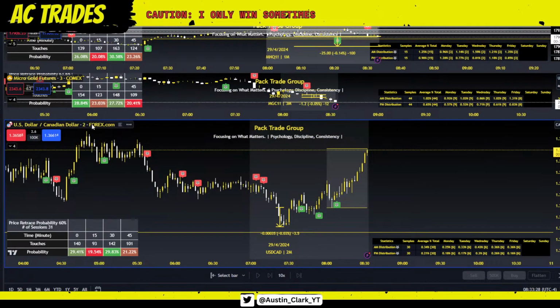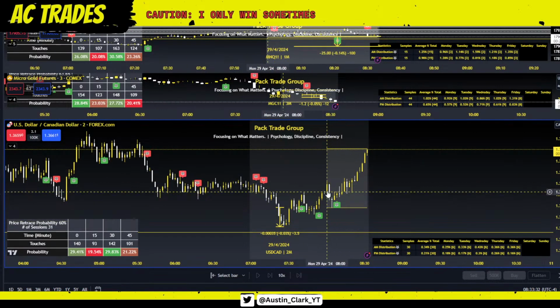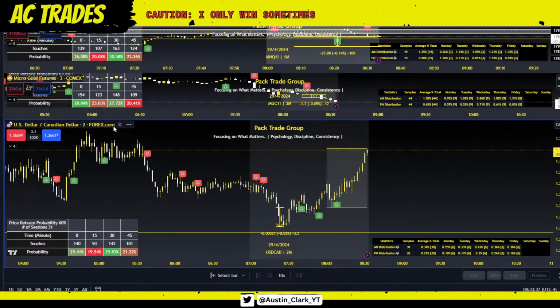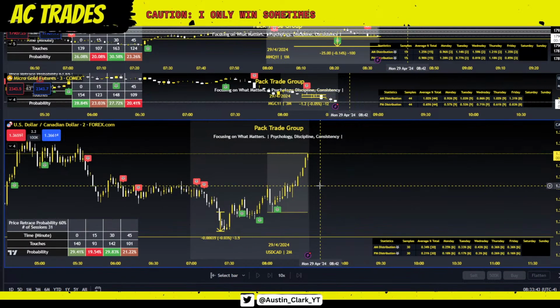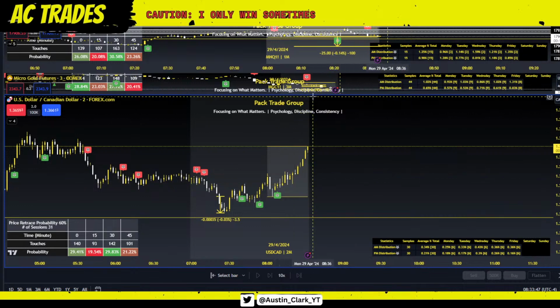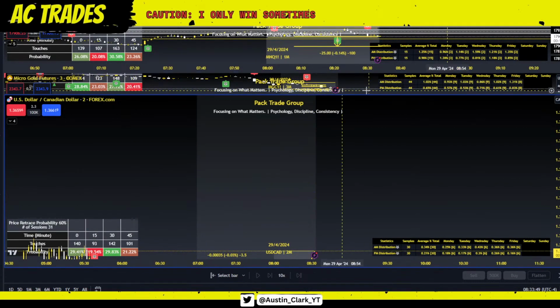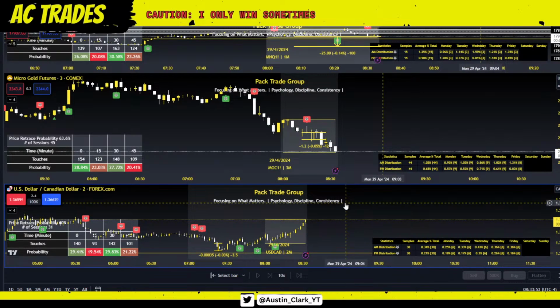The demo is just the regular spread, so it's like two pips spread. But the raw pricing data is close to zero, and it's just commissions based. So I think I'm going to go with that because I can trade the same way that I trade NASDAQ, but with USD CAD, with cash, with live capital.